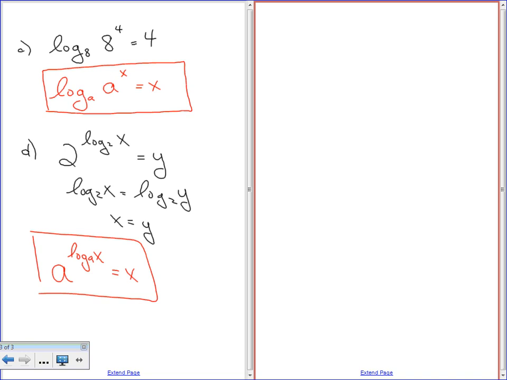Question E. So the log of -9 to the base 3. What exponent do I have to put on 3 in order to get -9 as an answer? Anybody take a stab at that one?